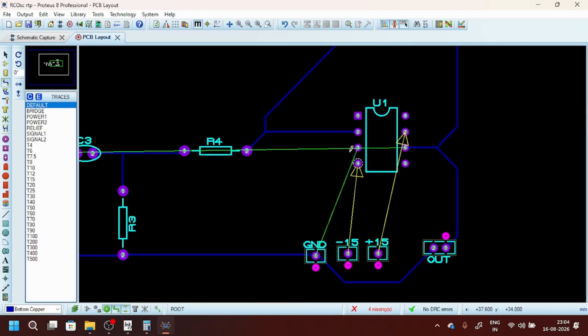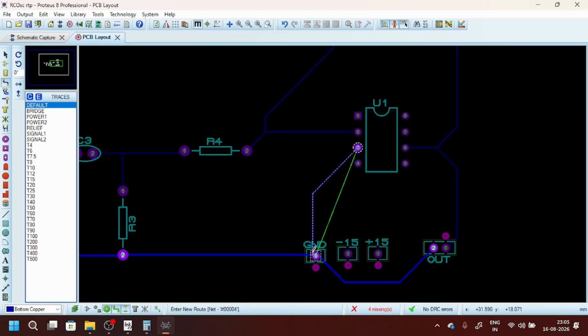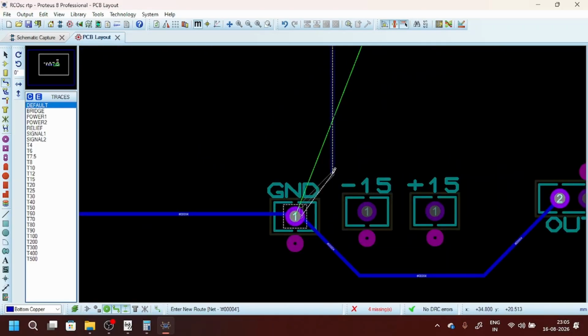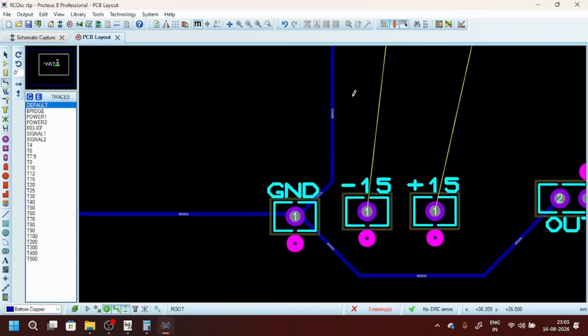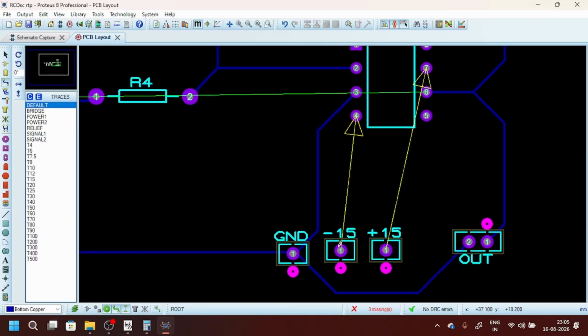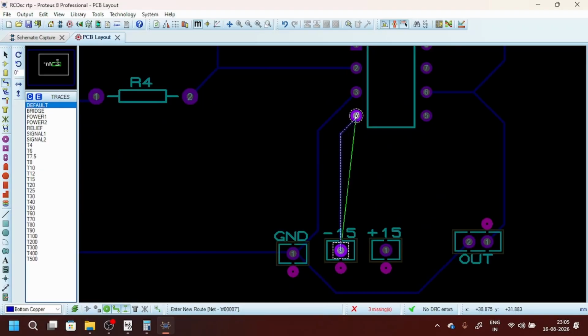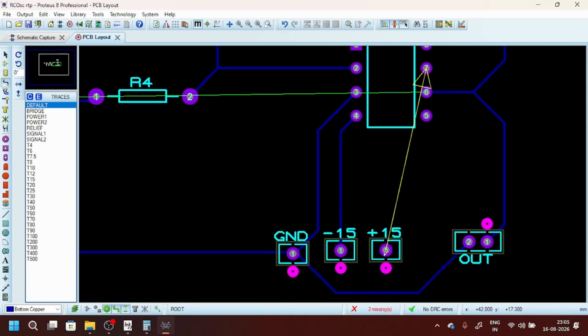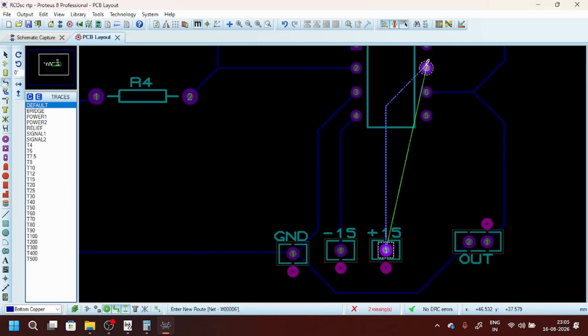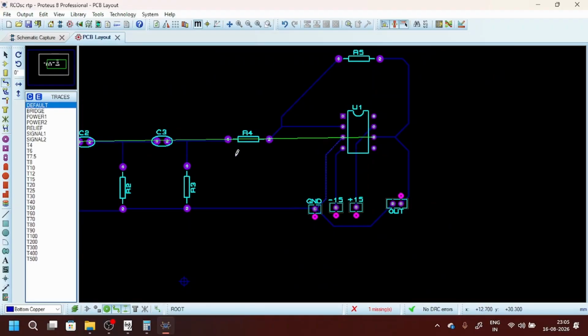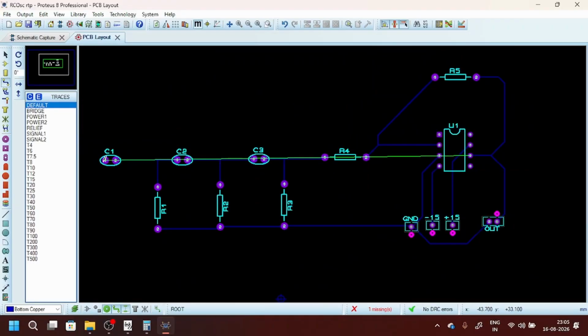Of course, pin number 6 is the connection, and pin number 3 should be grounded. So I am going to connect it in this way. Okay, and minus 15 should be connected to pin number 4, and plus 15 should be connected to pin number 7. Now the only thing is the feedback path.